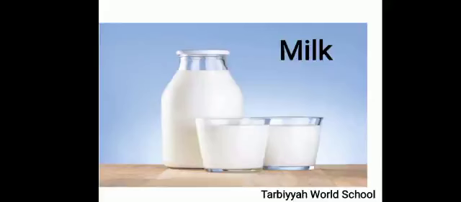See, you can see 2 glasses and 1 bottle of milk. So the capacity of the bottle is more than the capacity of a glass because the glass is smaller than the bottle.